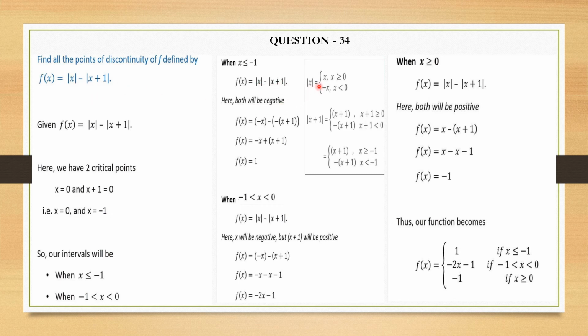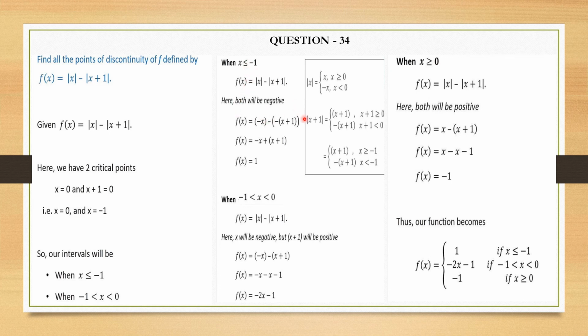Now mod x, you know, it is x when x is positive and minus x when x is negative. And what about mod of x plus 1? This is plus x plus 1 when x plus 1 is greater than or equal to 0, that is x greater than or equal to minus 1, and it will turn out as minus times itself when x plus 1 is less than 0. The same case, that is x is less than minus 1. Okay, so now what do I say?